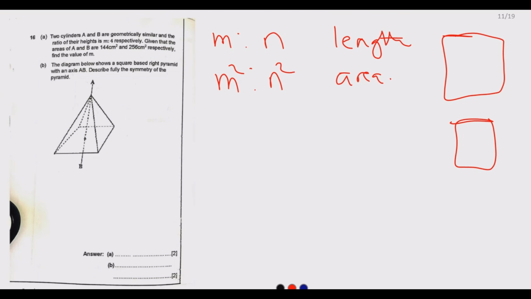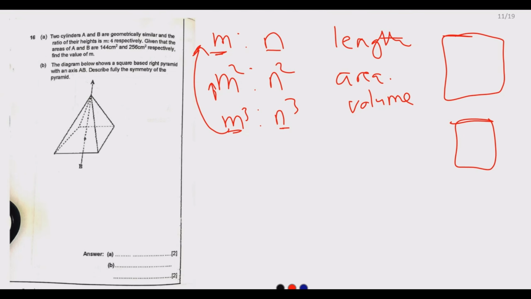Then the ratio of their volumes, because volume is you're multiplying three things, so you cube. So this is the principle that we need to apply. Similarly, for us to find the ratio of their lengths from the areas, we need to take the square root so that we get back to this point. If we're given the volume, for us to find the ratio of their sides or lengths, we take the cube root. So that is the principle we need to apply.